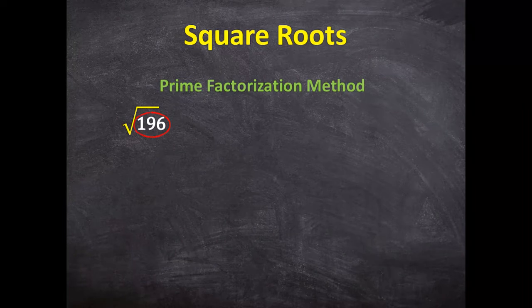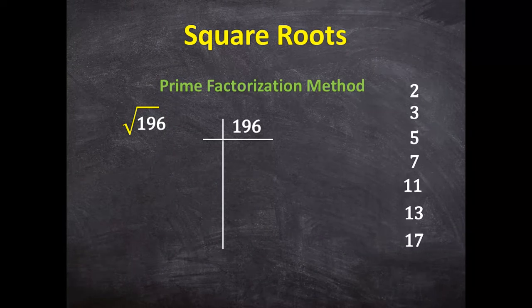Okay, after having knowledge of prime factors, we can start the prime factorization method to find square roots. To find the square root of any number, we draw two lines like this and write the given number up here. We use only prime numbers to divide the given number, that is 196 in this example. So I have written a few starting prime numbers to the right of my screen.